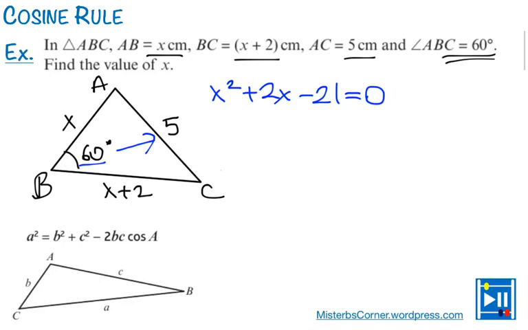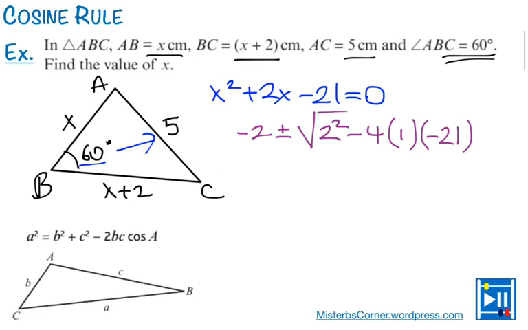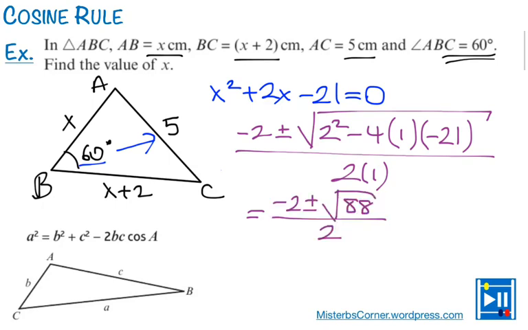Now, this is the equation I am going to solve. This looks like a quadratic formula to me, so I go like minus 2 plus minus square root of 2 squared minus 4 times 1 times minus 21 inside the brackets, divided by 2 times 1. From this calculation, I'm going to have minus 2 plus minus root 88 over 2.